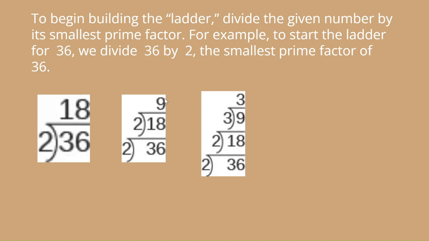And then we divide 9 by 3, which is 3. So we know that the prime factorization of 36 is 2 times 2 times 3 times 3. If you want to check the answer, 2 times 2 is 4, 3 times 3 is 9, and 9 times 4 is 36.